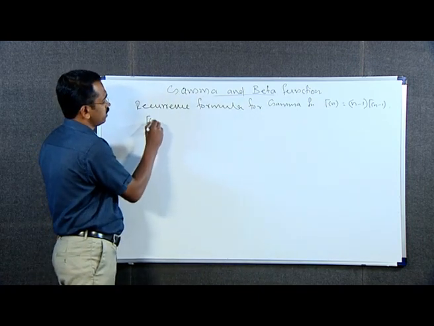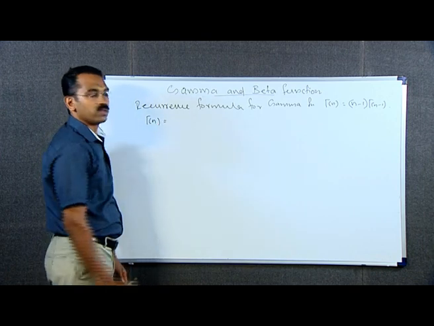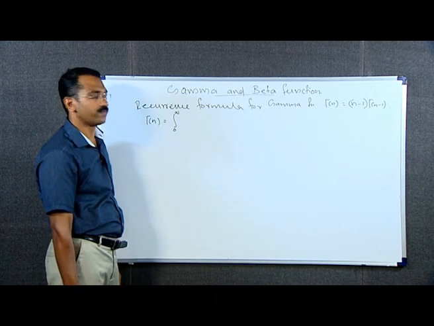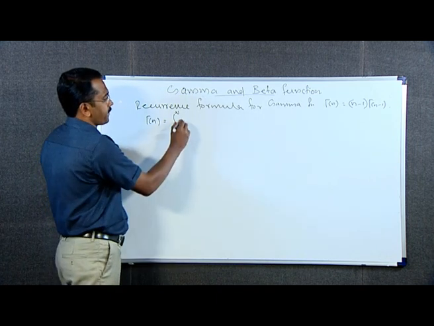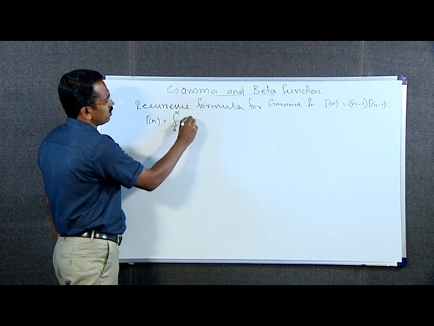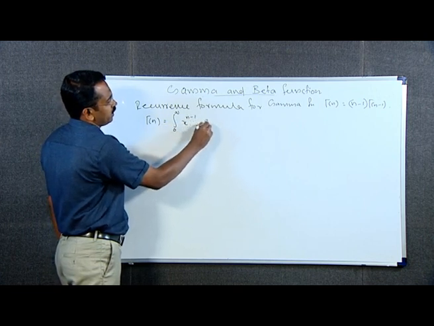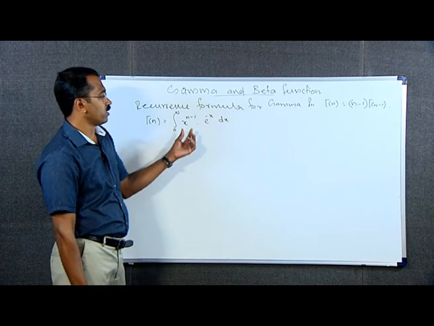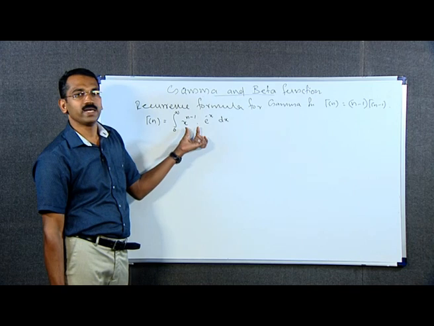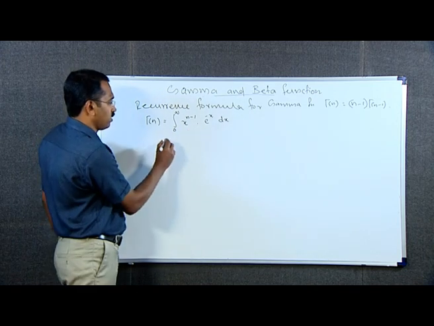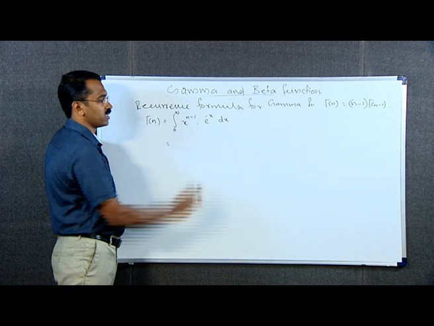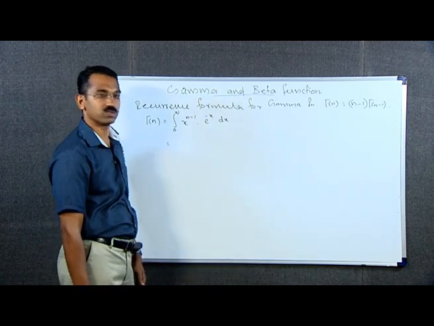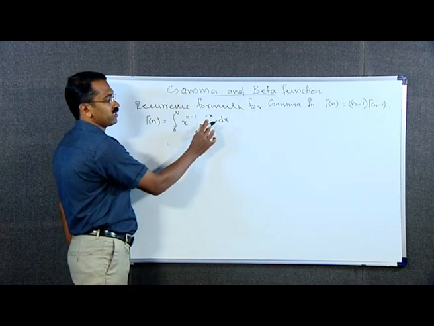Gamma of n is equal to the definite integral from 0 to infinity of x raised to n minus 1 into e raised to minus x dx. Using integration by parts, we can write this integral as, we take the first function as x raised to n minus 1, second function is e raised to minus x.